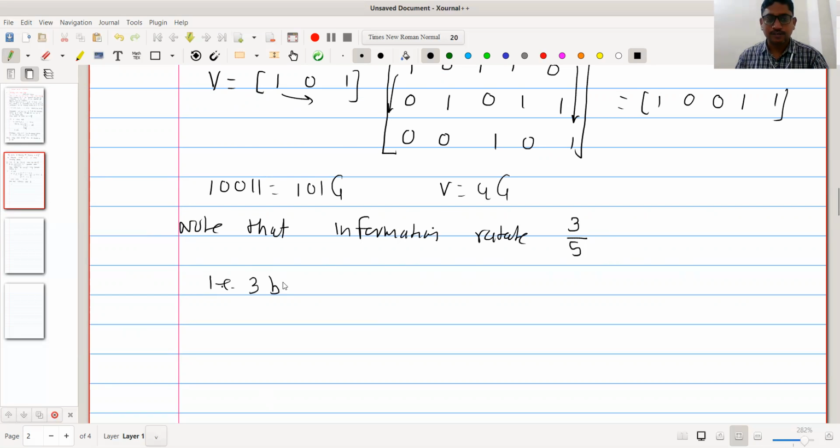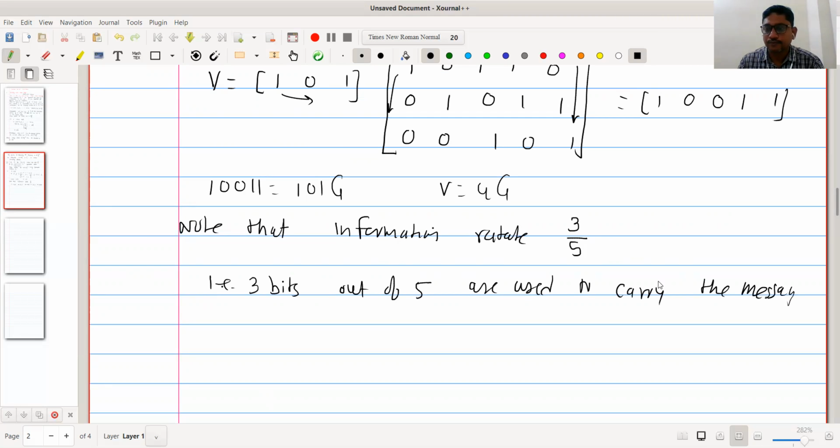That is 3 bits out of 5 are used to carry the given message.